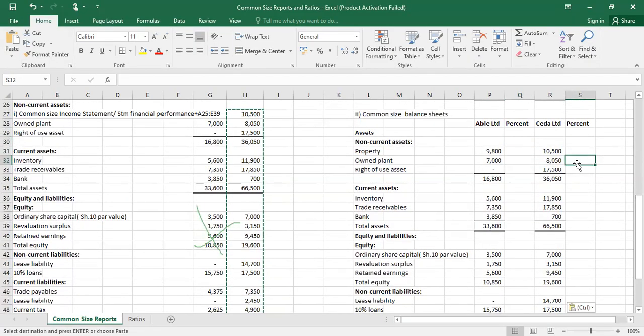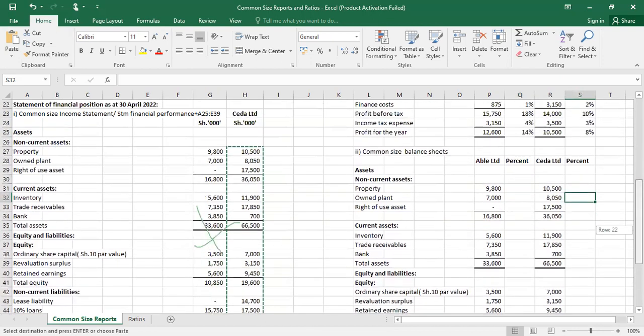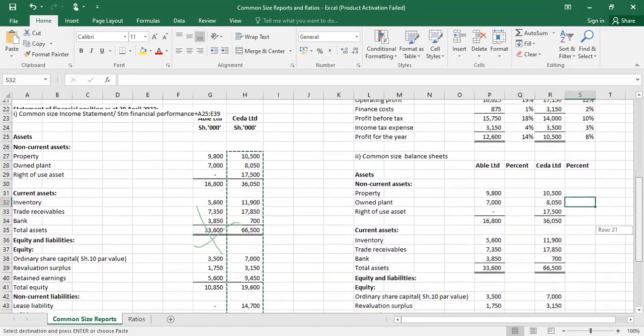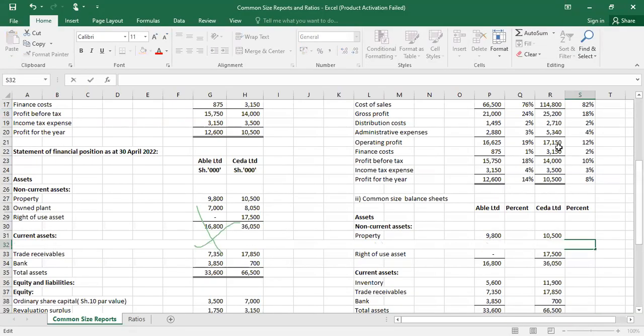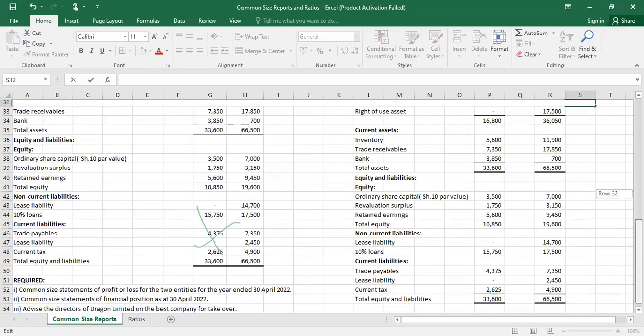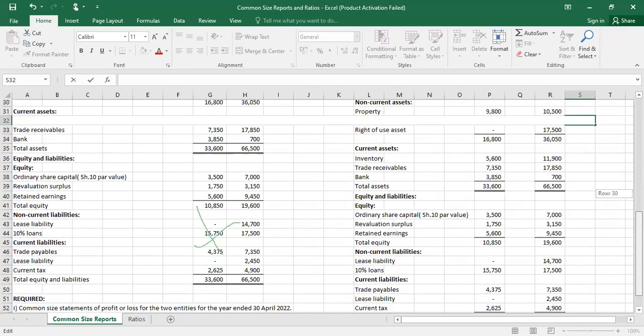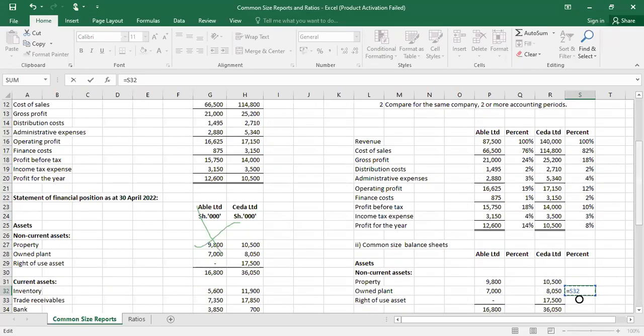What is most important is how do we get the percentages? So how did we say that we get the percentages?